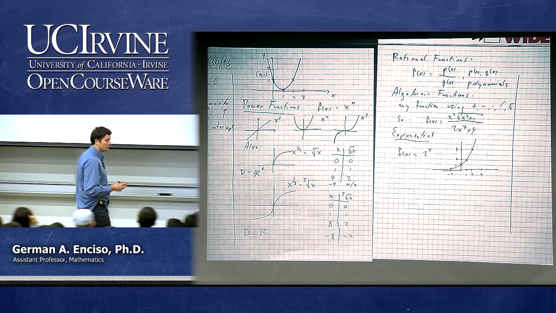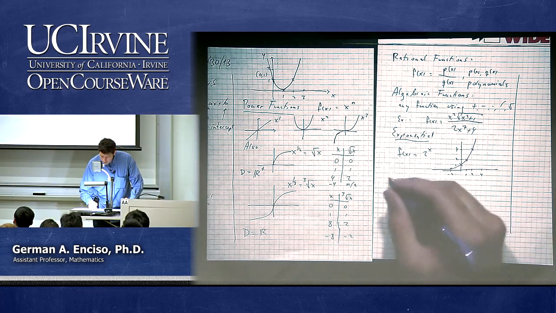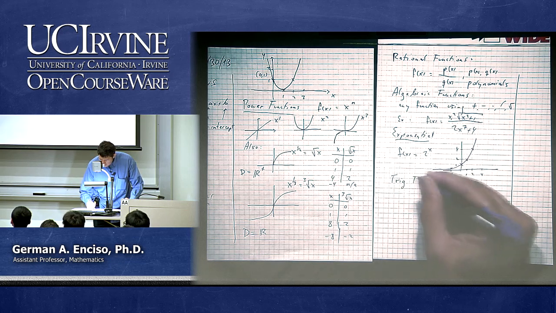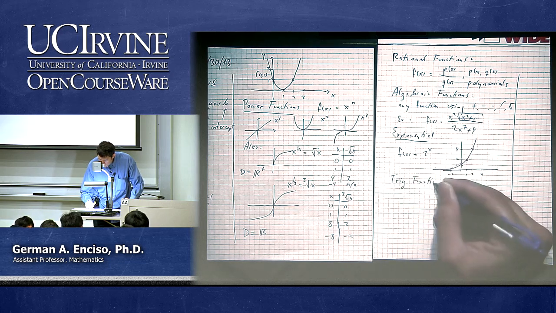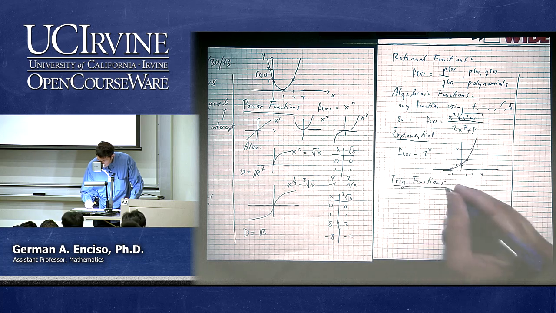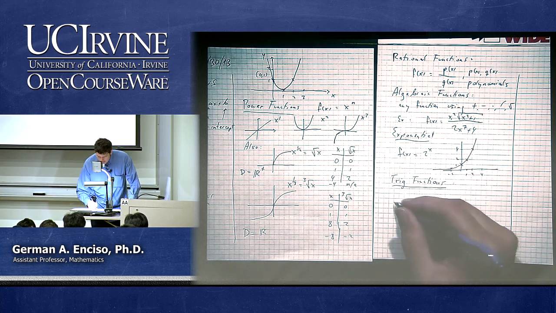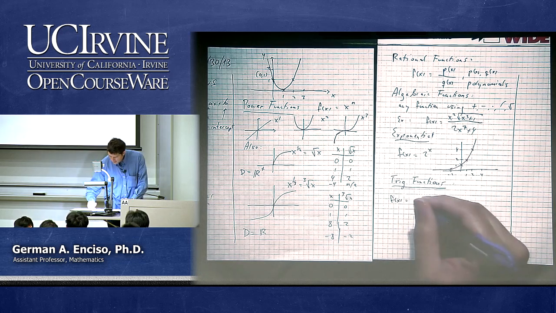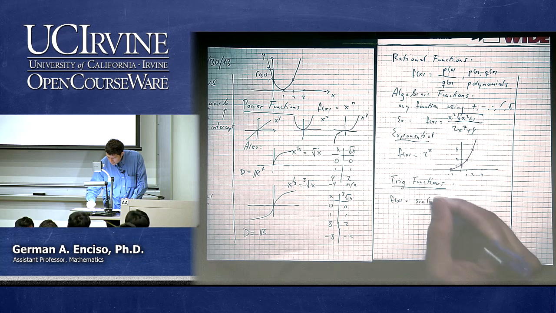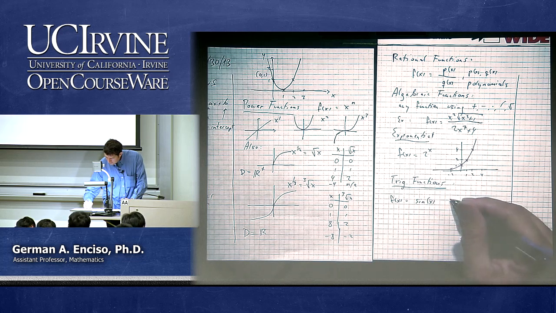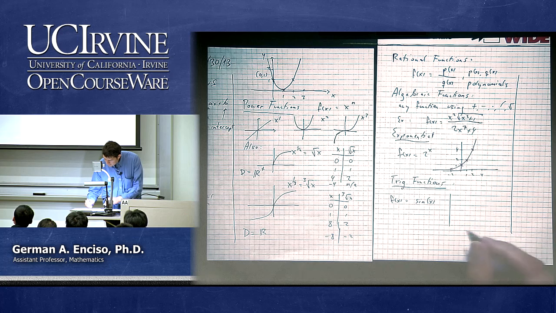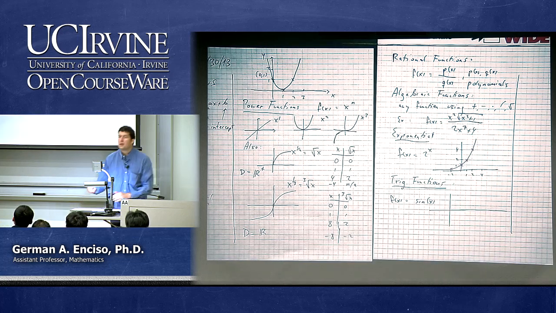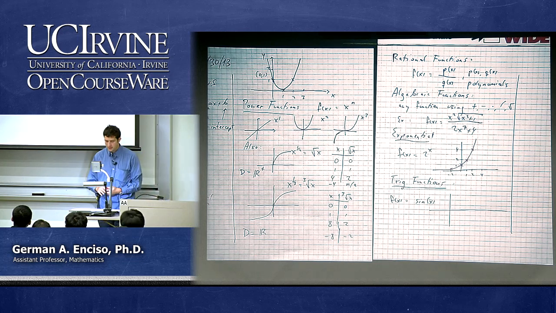Yes? Trigonometric functions, that's right. So, trig functions. Such as f of x equals sine of x. That's right. How does that look like? It looks like a wave. That's right.